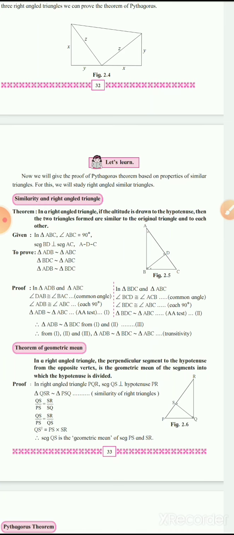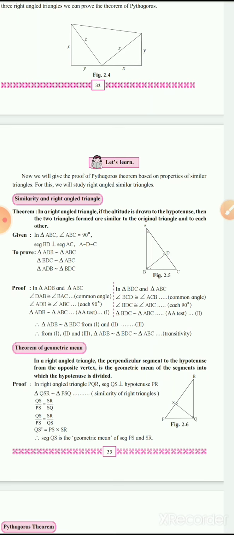And this is statement number 2. Now from statement number 1 and 2, triangle ADB is similar to triangle BDC. Here the reason is from 1 and 2, and this is statement number 3. So from statements 1, 2 and 3, triangle ADB is similar to triangle BDC, which is similar to triangle ABC.